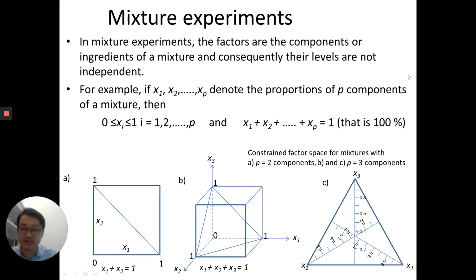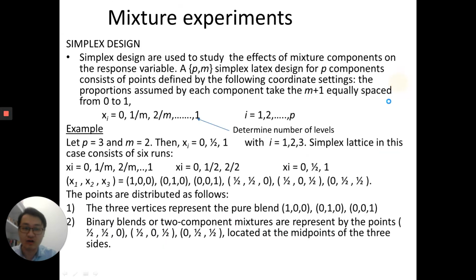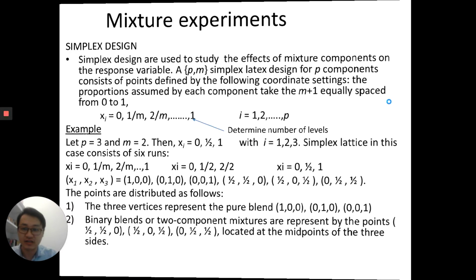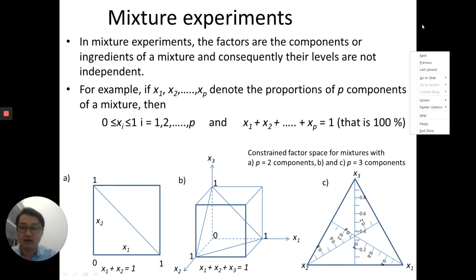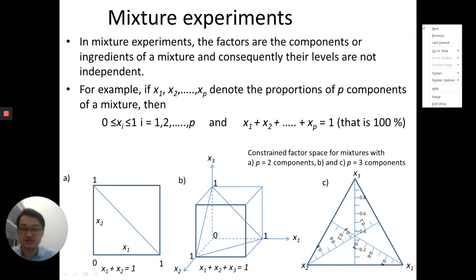In mixture experiments, the factors are the components or the ingredients of a mixture, and their levels are not independent. So from here you can actually see three designs, where P equal to two components will be the first design.